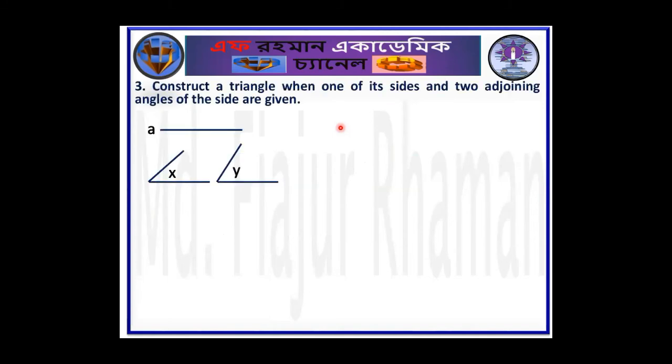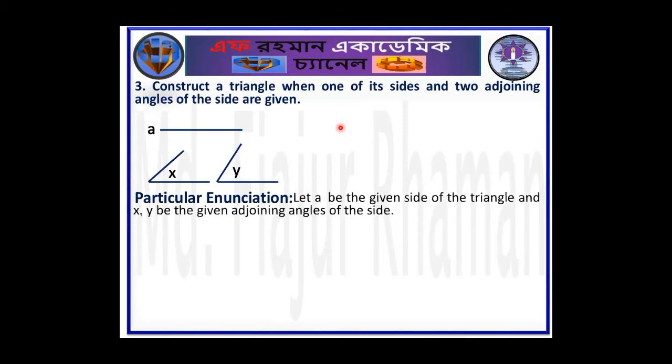And next, construction 3. Construct a triangle when one of its sides and the two adjoining angles of the side are given. That's why we have considered and drawn the side A and the two angles X and Y. With this, we have to write the particular enunciation.